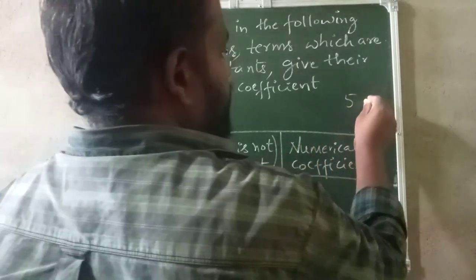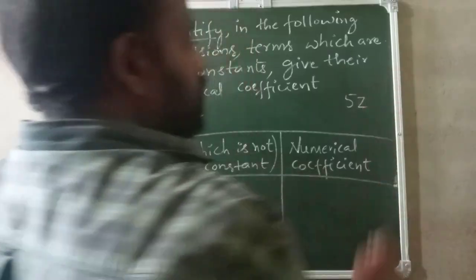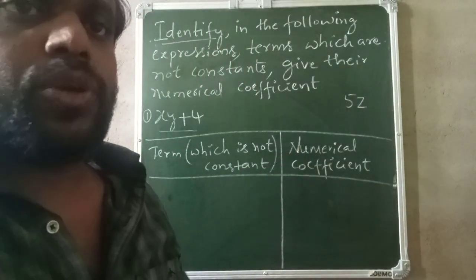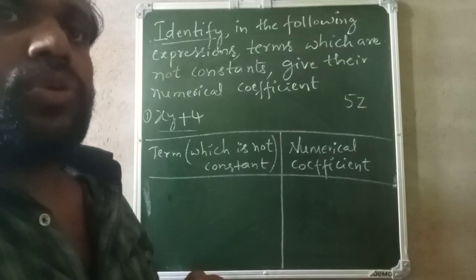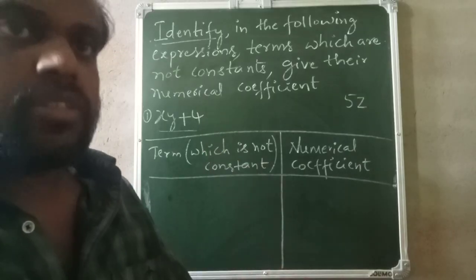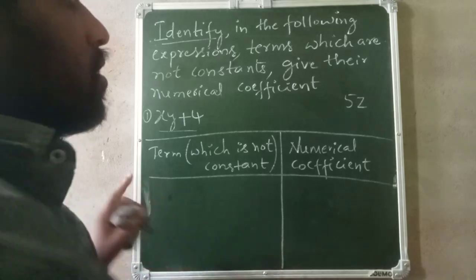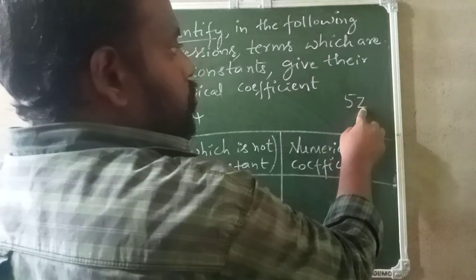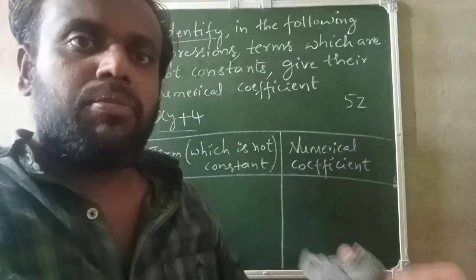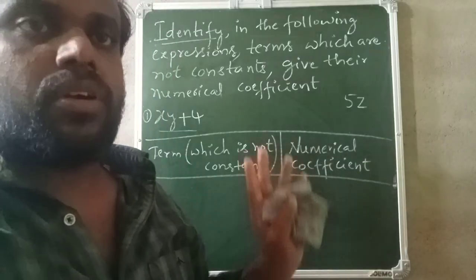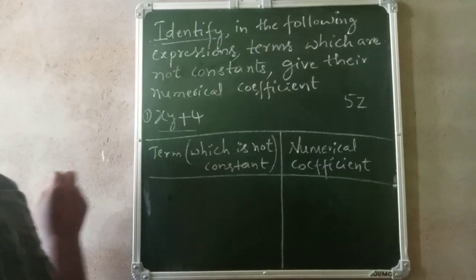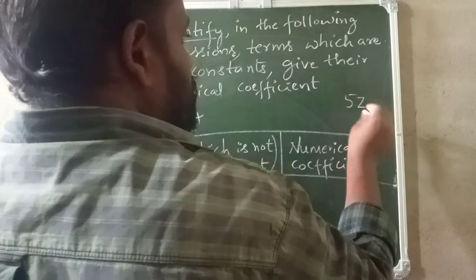Along with 5, if I write z, then that is not constant. When I say constant, only a number should be there, with no variable. Along with a number, if any variable is there, here z, or instead of z if you have a, b, c, d or x, whatever, then this is not constant.